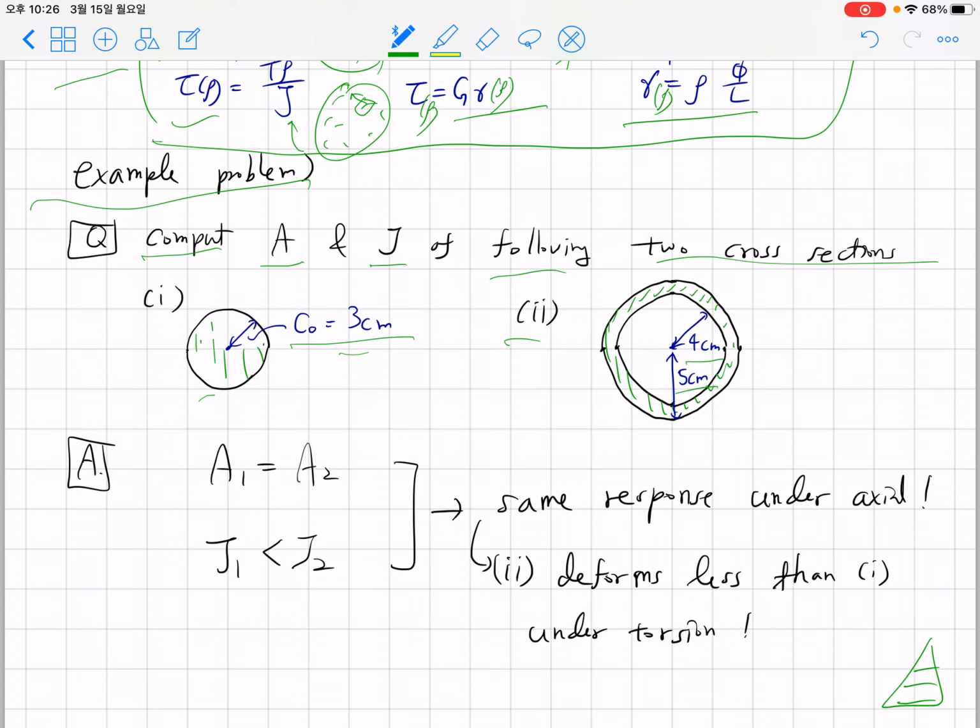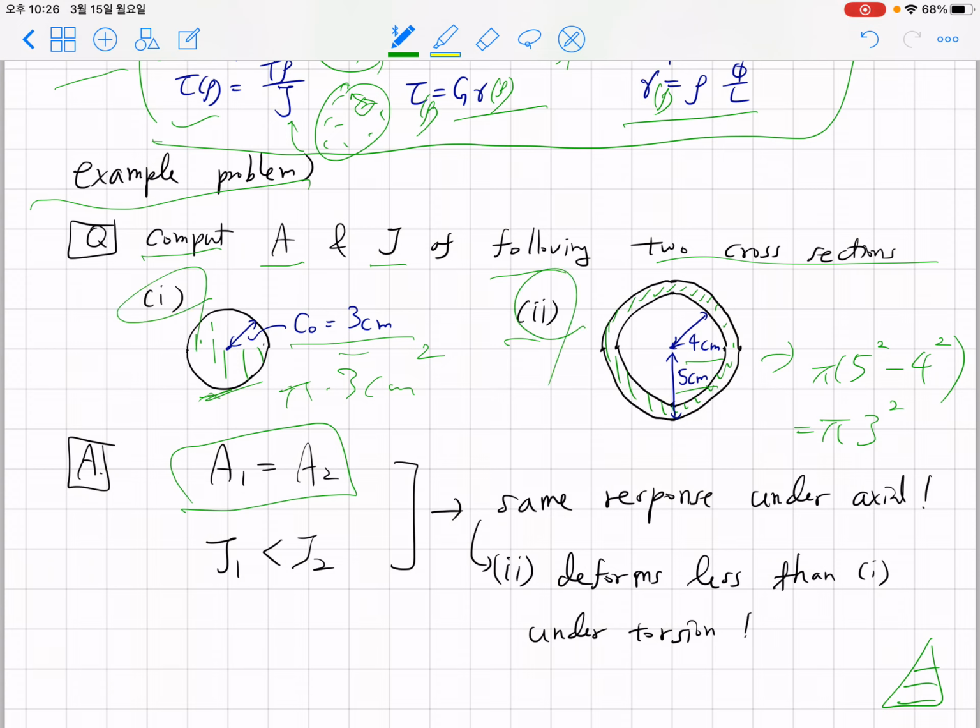If we consider the area for number 1, it's simply pi times 3 centimeter squared. For the second geometry, we have pi times 5 centimeter squared minus 4 centimeter squared, which, due to the Pythagorean theorem, must be pi times 3 squared. So in terms of cross-sectional area, number 1 and number 2 are equal to each other.